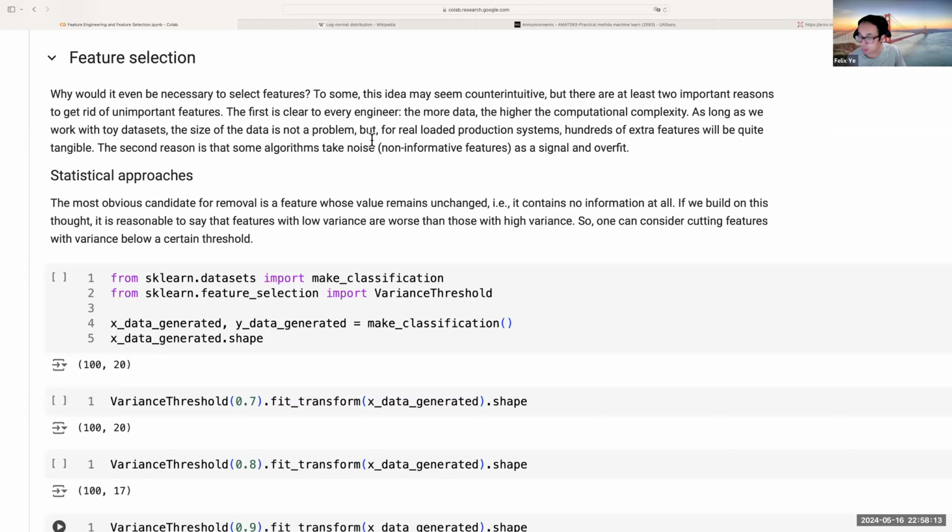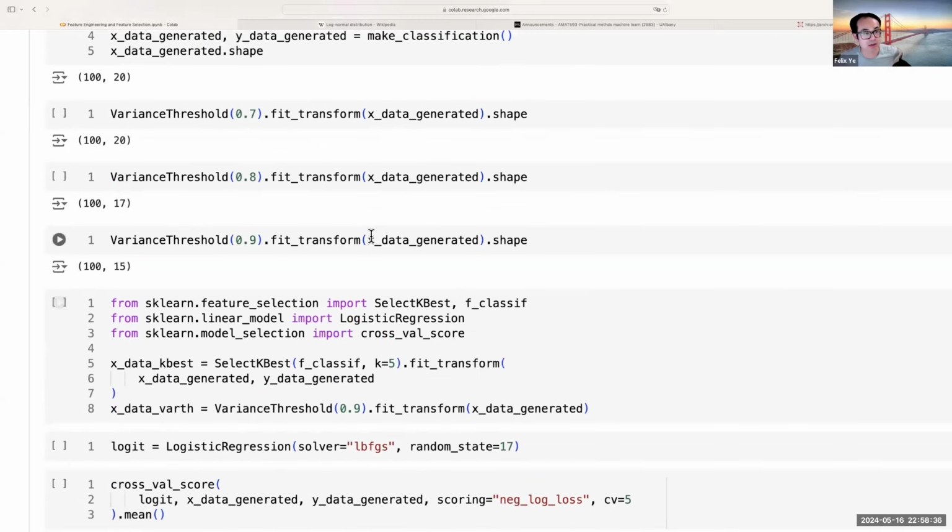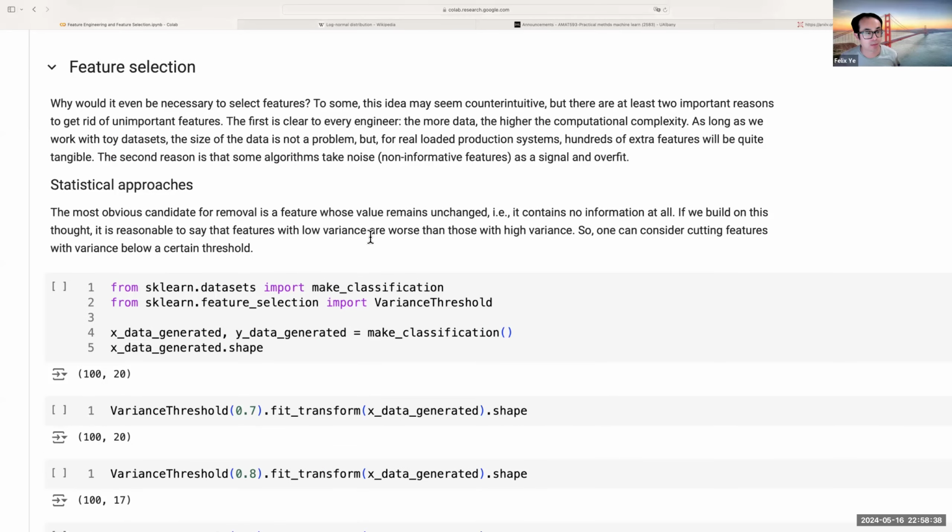Overfitting could be very dangerous because you will see the training error could be very, very small, but if new data comes in, the model couldn't predict those new data very well. This is a very typical situation for overfitting. We're going to talk about this in detail later on.